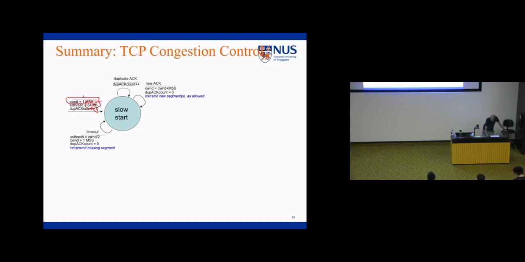In slow start, if you get a new acknowledgement, you increase your congestion window by 1. If there's a duplicate acknowledgement, you keep track, so you can do fast retransmit. And in the case there is a timeout, you will drop down your window to 1, and your SS thresh will be half of the previous congestion window, and then you will just retransmit the missing segment.